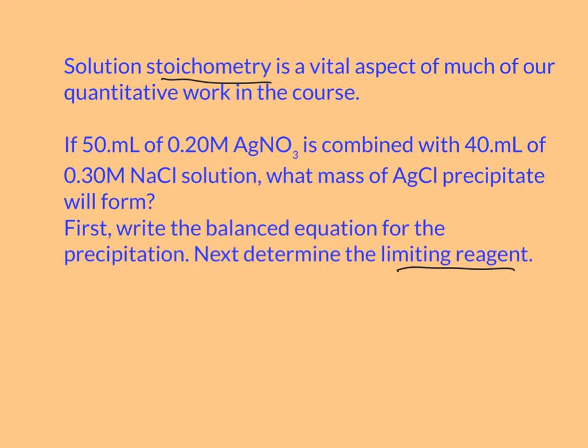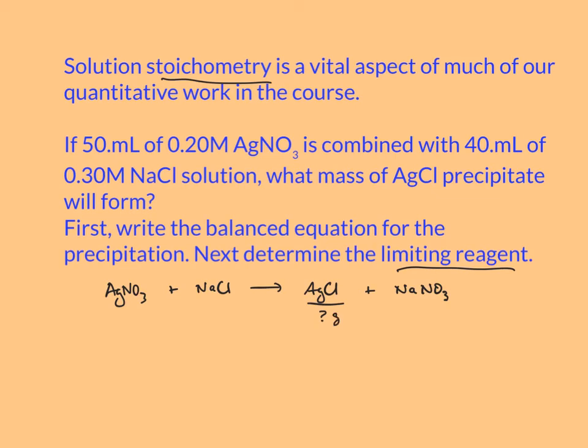The first thing we're going to do is write the balanced equation for the reaction between these 2 species. This is a double replacement reaction. AgCl will form, and so will NaNO3. This is the product we're asked to determine how many grams will form.